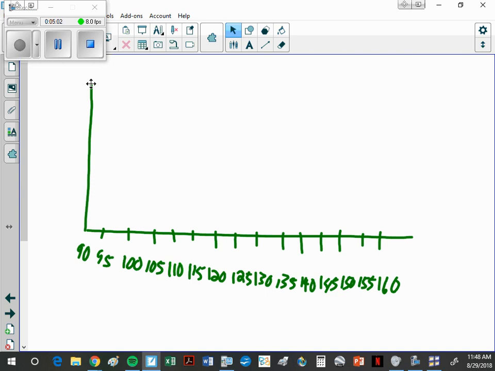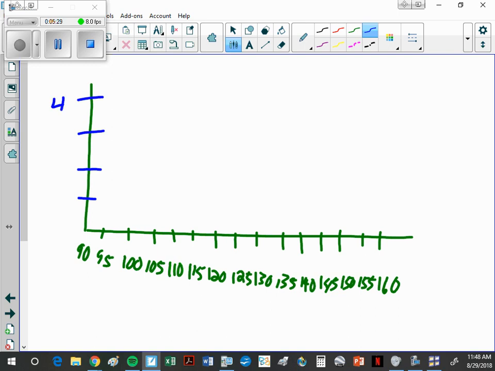So what's the biggest class interval we have? The 115 to 120 for the non-users, and there are 20 people in that group, 20% of the people in that group. But that width is 5, so what is the height? 4%. So we are going to go 1, 2, 3, 4.